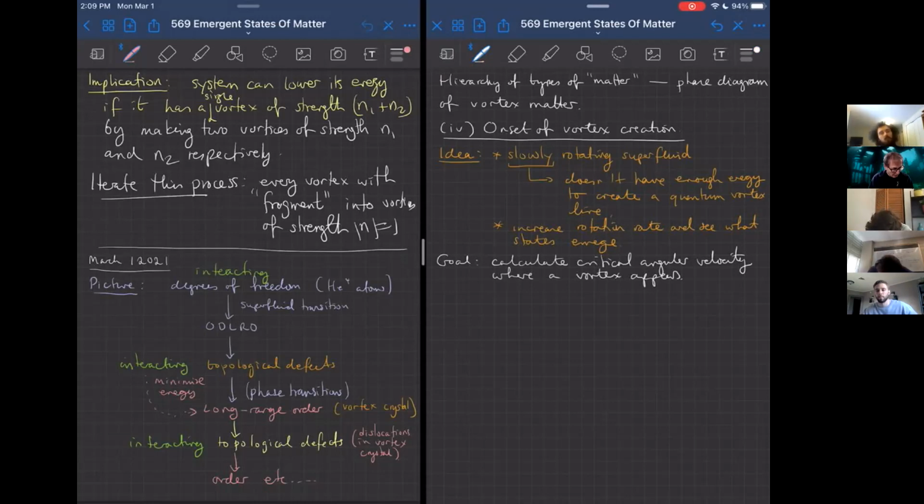So the first thing is that we use some kinematics. Our kinematics says that if I have a rotating frame with some angular velocity capital omega, then the energy in that frame is the energy in the inertial frame, the laboratory frame, minus the angular momentum dotted with the rotation vector. That's just kinematics.